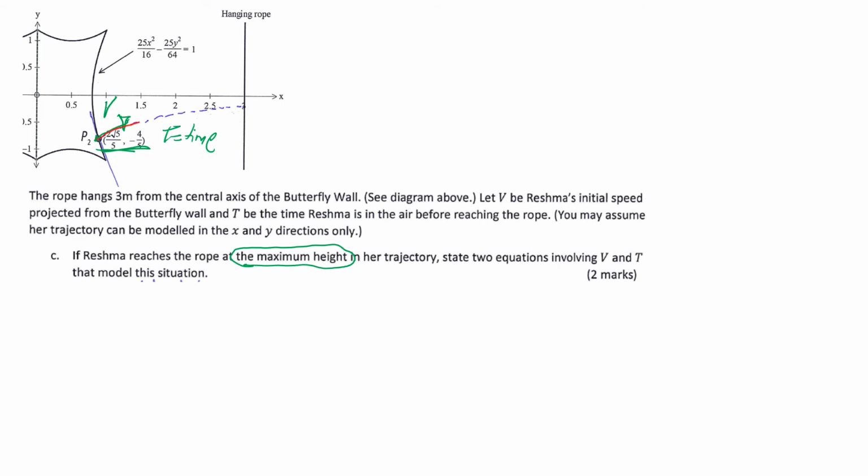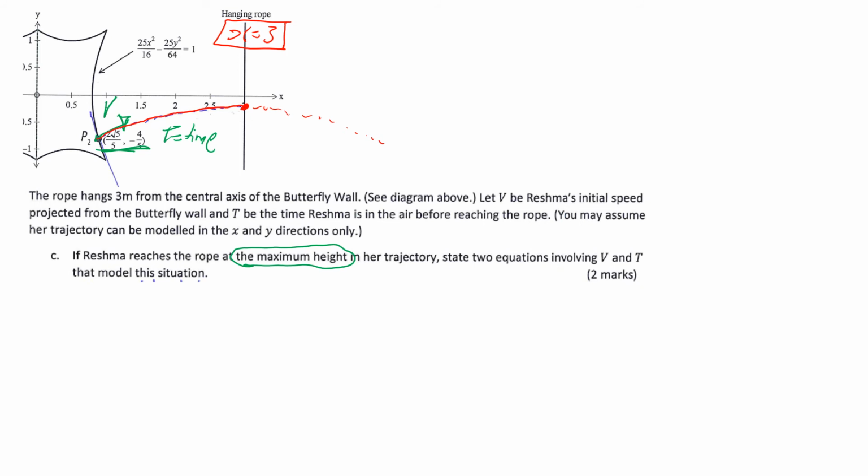You can see it's going to be parabolic in shape, but I've tried to draw it to indicate that if she was to continue, it would be a continuation of that parabola, but she's reaching her maximum height when she hits that hanging rope, 3 meters from the central axis of the butterfly wall, in other words, with an equation of x equals 3.